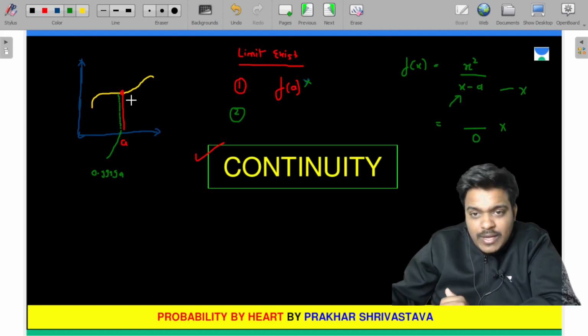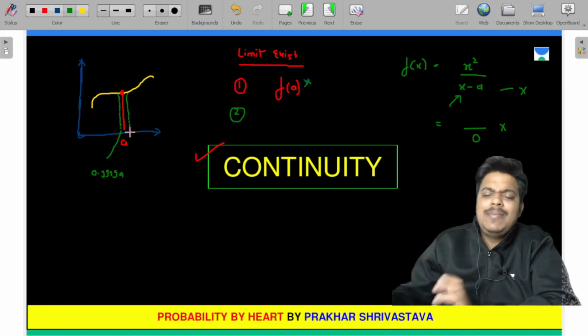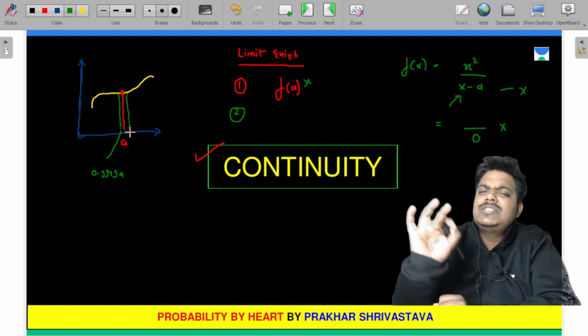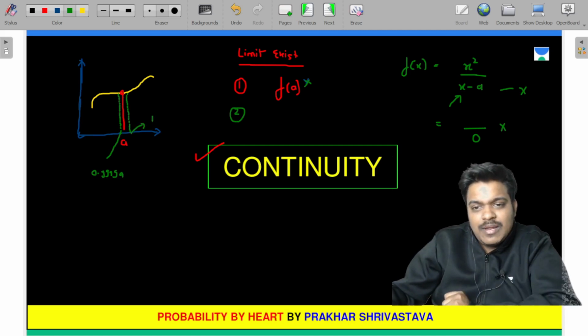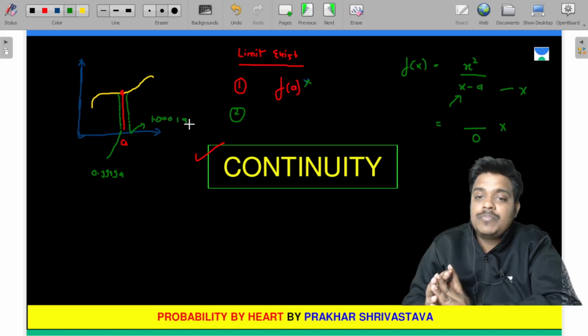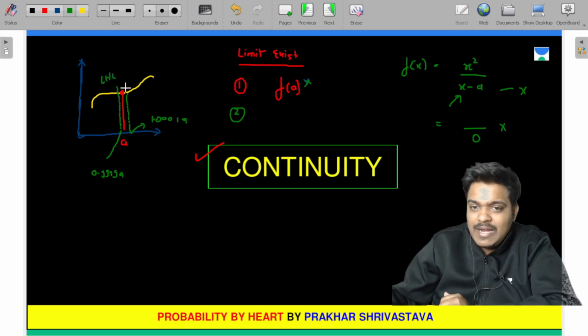Similarly, if you take a value just right of a, it can be anything. I am just assuming a value bigger than a, somewhere like 1.0001a. Now we know that there is a value at this point. So this is called the left hand limit, and this is called the right hand limit. We have already discussed this.